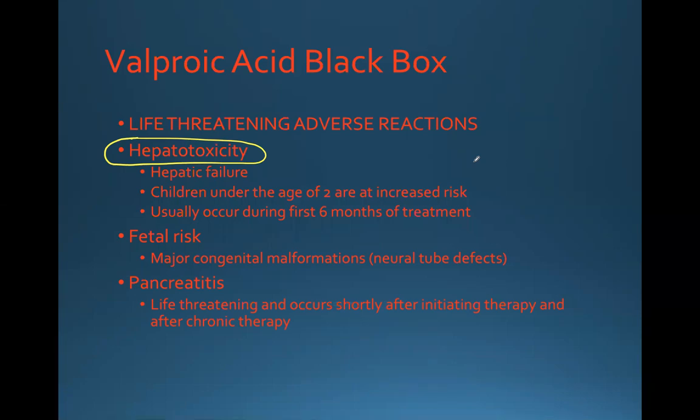Typically, it's going to occur within the first 6 months of treatment. So during that first 6 months, we're going to definitely monitor liver enzymes in these patients, even if we're not dealing with children under 2. We want to get a baseline. We want to make sure that there are no issues kicking around here.